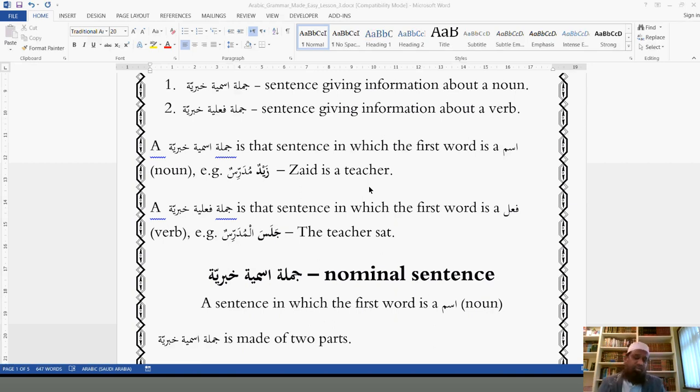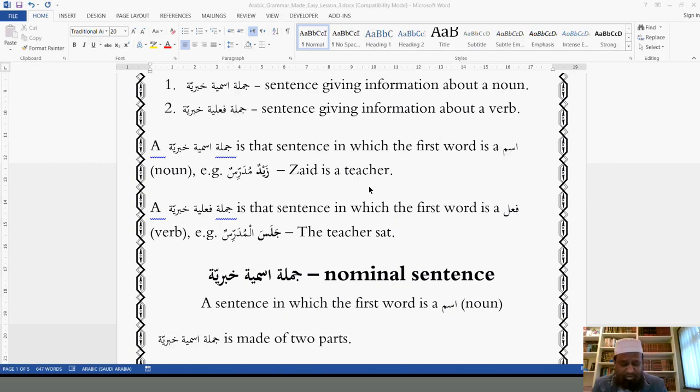Later on, at the beginning, we'll just be using a single word for the first part and a single word for the second part. Later on, we can make the first part longer or bigger.